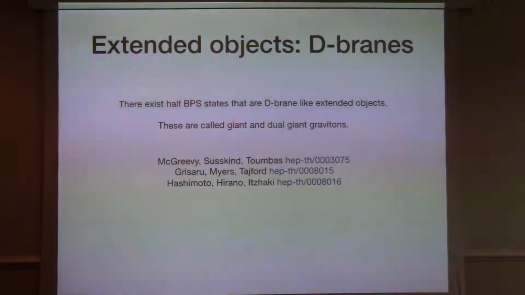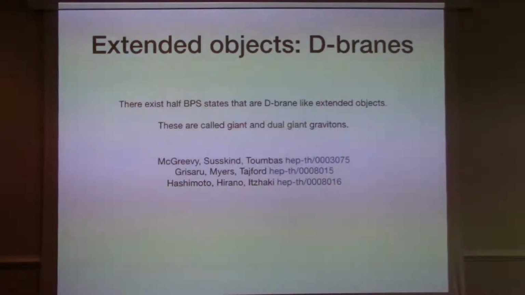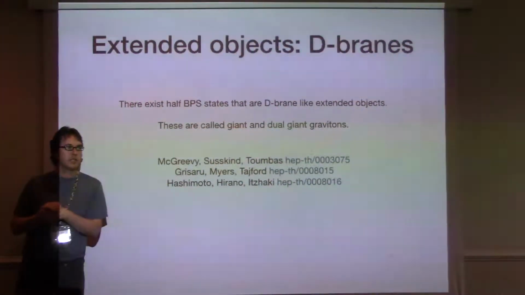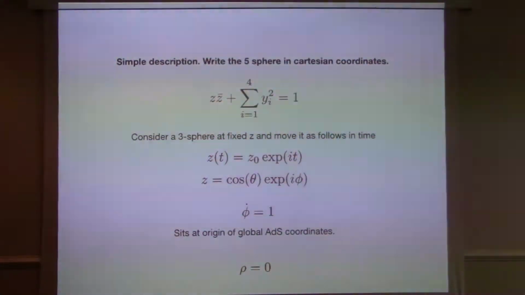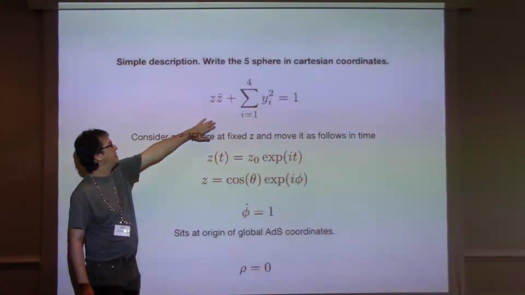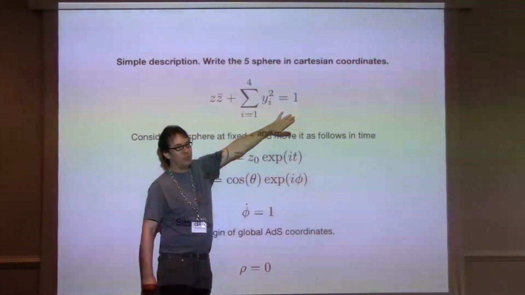Let me give you the description of these objects. If I say that they're D-branes, that means that they have 3 space and 1 time direction. And if they're half BPS, they have to have a particular set of quantum numbers, they have to be invariant under some rotations. There's a simple way to write them: I take the 5-sphere and write it in my favorite representation, which is |z|^2 + sum of y_i^2 = 1.